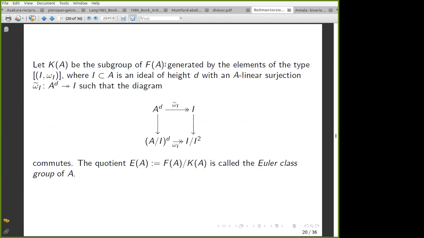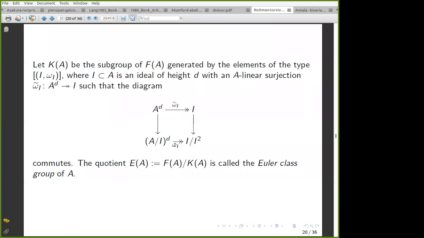Let K be the subgroup of F of A generated by elements of the type (I, omega I), where I is an ideal of height d with an A-linear surjection such that this diagram commutes. So basically what it is saying is that you have chosen an orientation for I/I^2, but this orientation should lift to a generation of I itself.